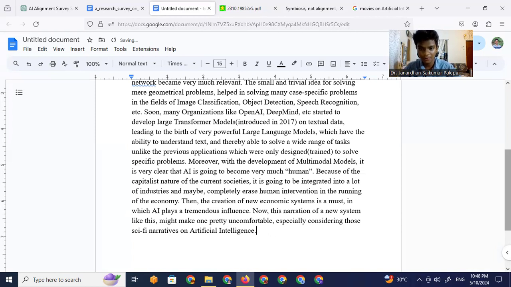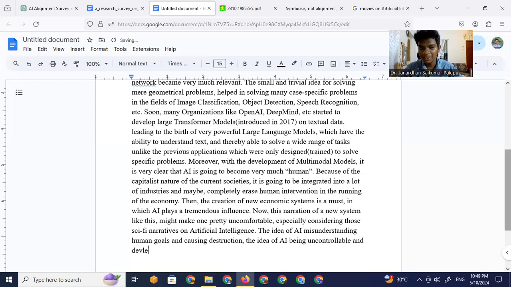The idea of AI misunderstanding human goals, destroying everything, destroying humanness and causing destruction. The idea of AI being uncontrollable and developing greed.